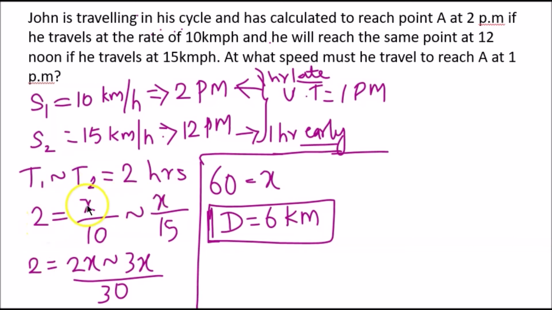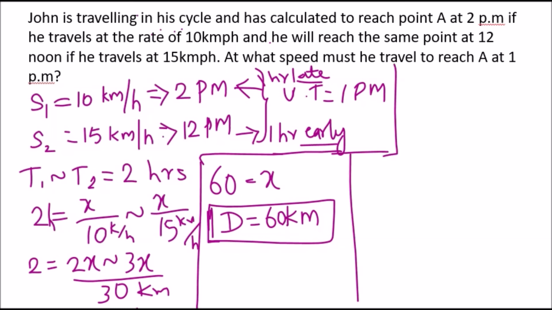So 2 is equal to x by 10 minus x by 15. Here it is hours and here it is kilometers per hour, so the units cancel. If you take LCM, it is 30 kilometers. So x is equal to 60 kilometers.